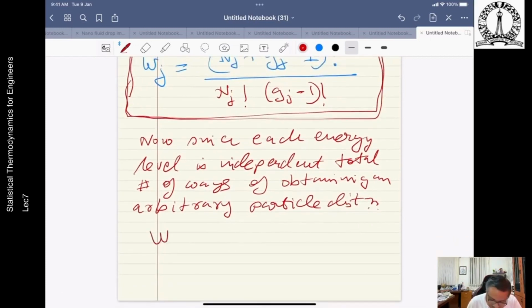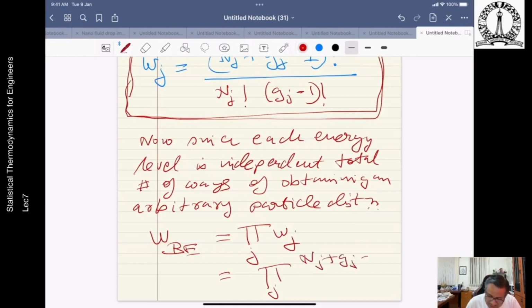is, if we write it as BE, as Bose-Einstein, basically the product over all the j energy levels of Wj, which essentially translates to the product over j of (Nj plus Gj minus 1) factorial divided by Nj factorial times (Gj minus 1) factorial.